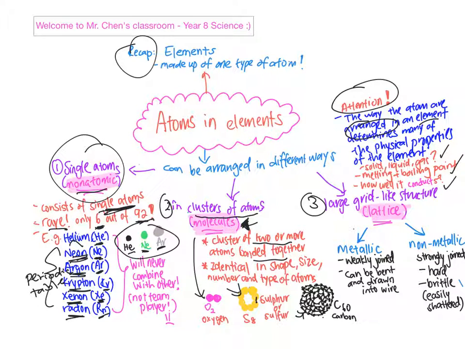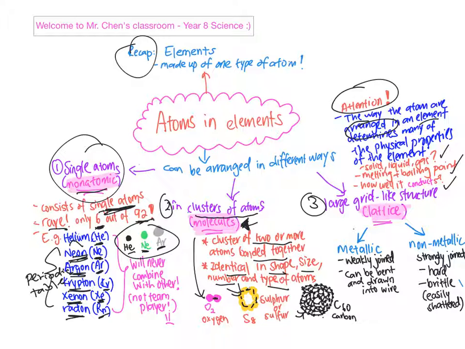There is a little bond between them that you can't technically see here because I didn't draw it to the exact size and scale. And remember, each of them is identical in shape, size, number, and type of atoms.